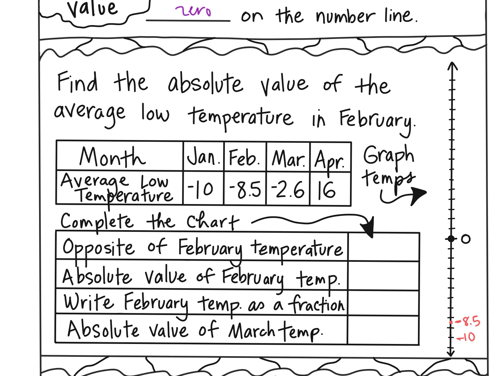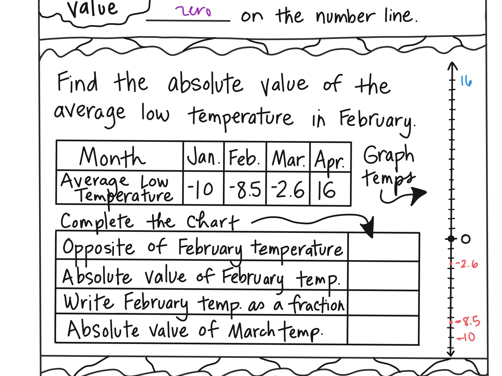So it's going to be between which 2 integers? Palmer? Negative 2 and negative 3. It'll be a little bit closer to the negative 3, but it's kind of hard to get it exact on this tiny line. So I'm going to just do my best and say that this is negative 2 and 6/10. And then the last one that I want to plot is 16, which is the very top.